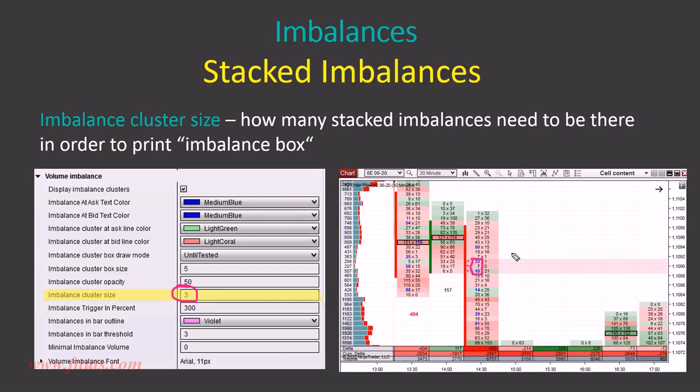And what it will do is that it will print this box when there is 3 or more of them stacked together. The order flow software will print this box and it will tell you that this is a strong support or resistance zone. In this case, this is a strong resistance because there are a lot of aggressive sellers in here.